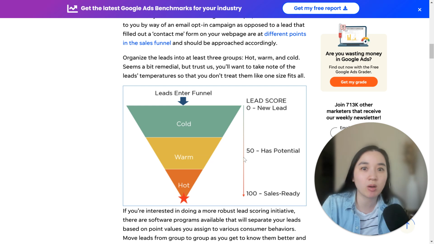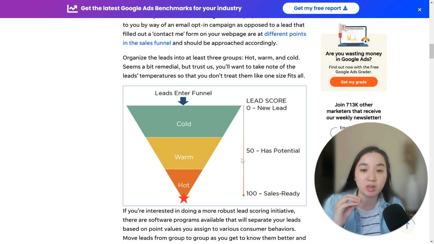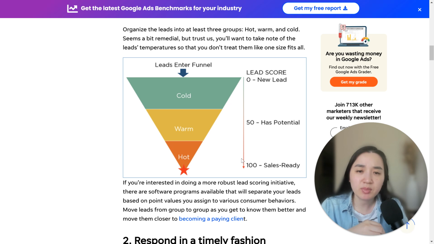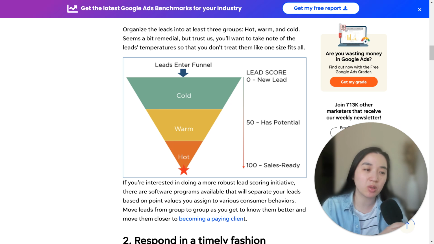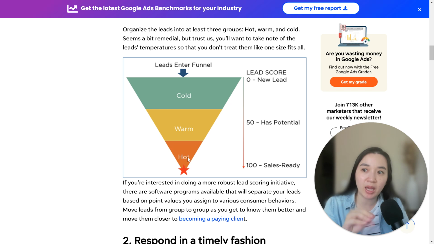And if you have a CRM, then great. Definitely leverage your CRM and score each lead so that you can start keeping track and keeping score on the quality of them. And then eventually, once you get enough leads, you can use Google's offline conversion tracking to feed the quality hot leads back into Google and tell Google, hey, I want more of these quality hot leads.